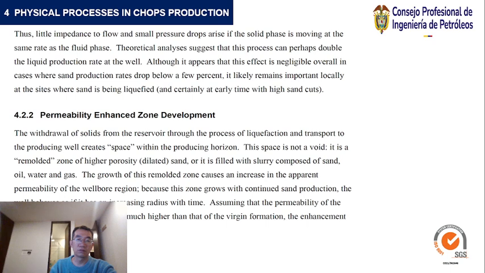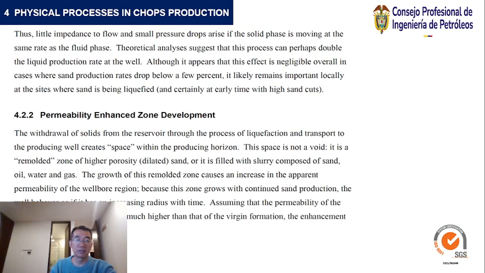The growth of this remote zone causes an increase in apparent permeability of the affected region. Because this zone grows with continued sand production, the well behaves as if it has an increasing radius with time, assuming that the permeability of the remodeled and liquefied zone is much higher than that of the virgin formation.